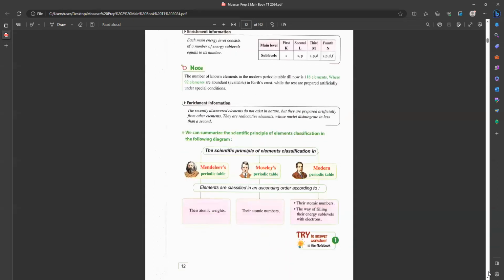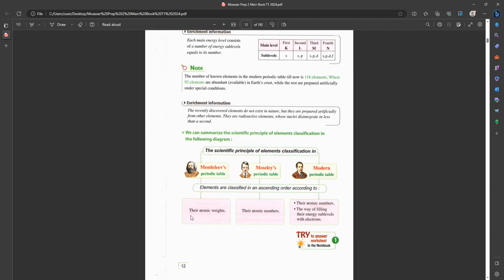So this is our lesson for today. We studied the attempts to classify or arrange the elements in a table, to facilitate their study and to make a relation or comparison between their physical or chemical properties. We had 3 attempts: Mendeleev's periodic table, Moseley's periodic table, and the modern periodic table.